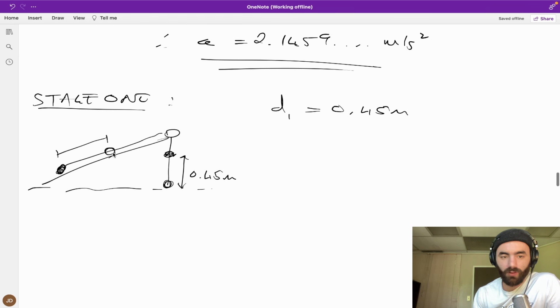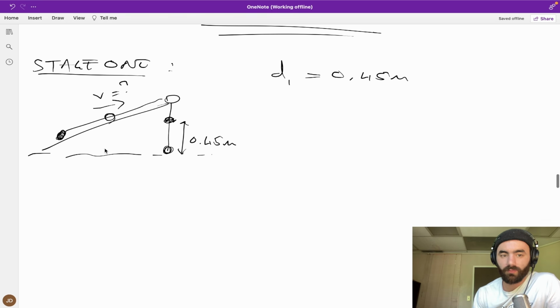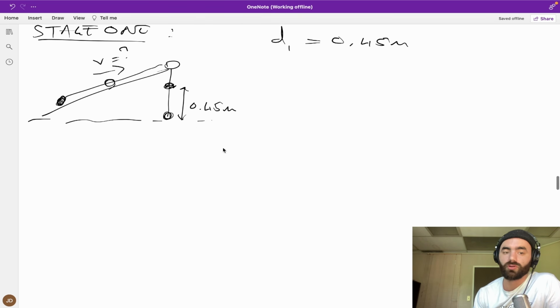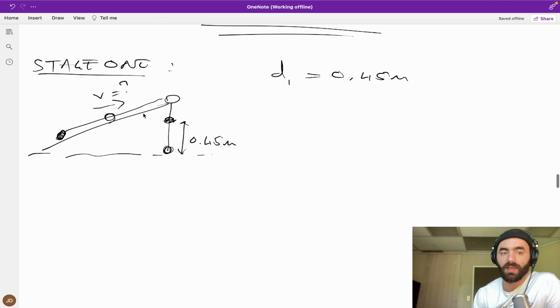And then at this point, the string will snap. So we want to find the final velocity here, because if we find that, then we can find the distance for stage 2 when it's in free motion. So let's find the velocity at the end of stage 1 when the string snaps.